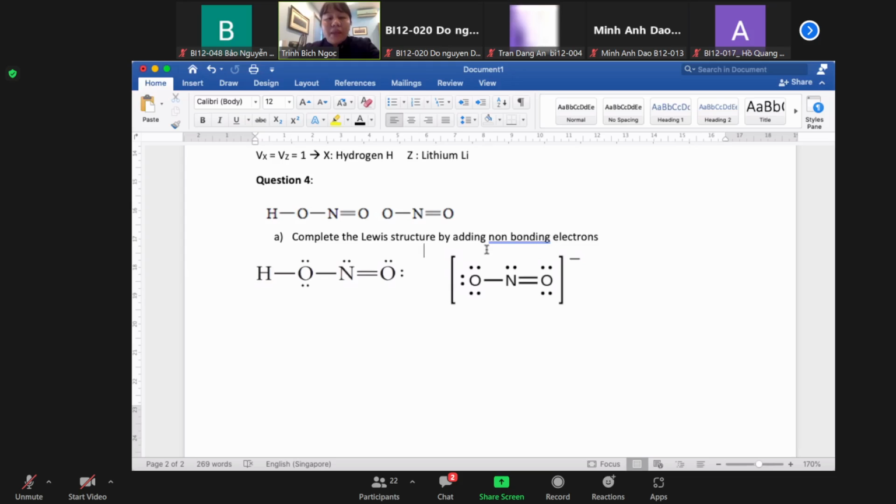You have to put the number of charge here, just to show that this is an ion, plus or minus. It depends. And the bracket, I think this one, we call it the bracket.